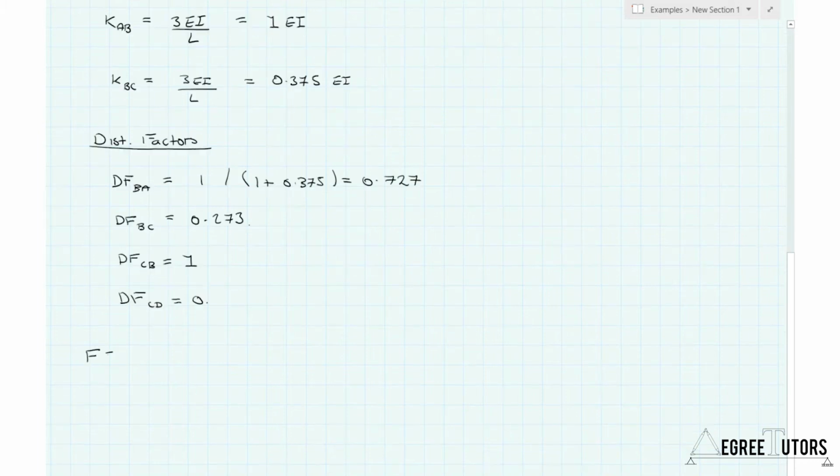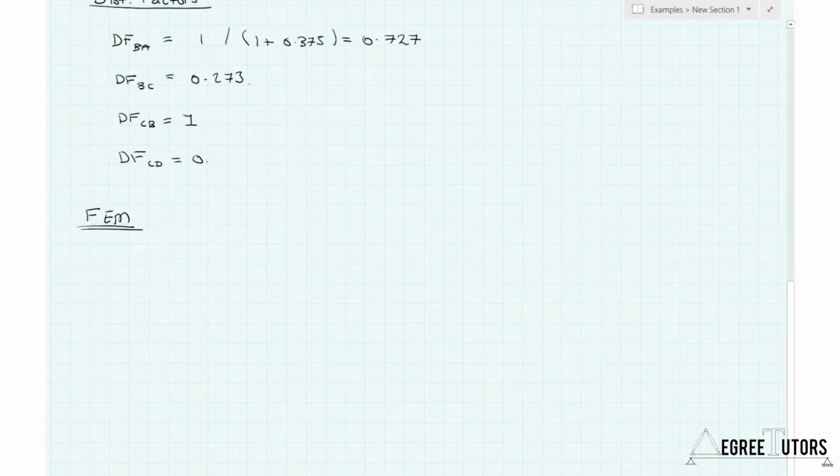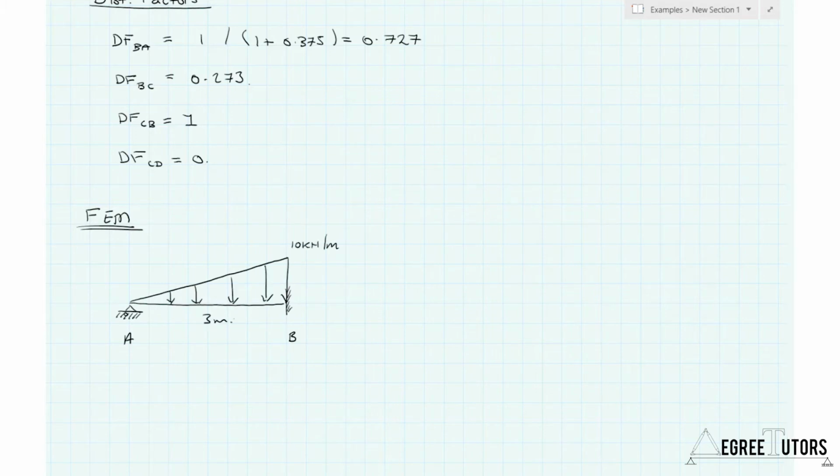So, fixed end moments. Step 3. Let's look at member AB first. If I sketch out member AB, we have locked joint B, and that's why we have what looks like a fixed end support here. So essentially the substructure we're considering for this fixed end moment is a propped cantilever.